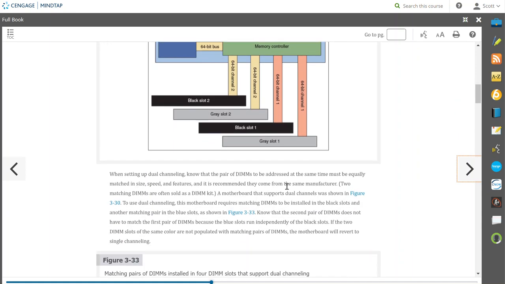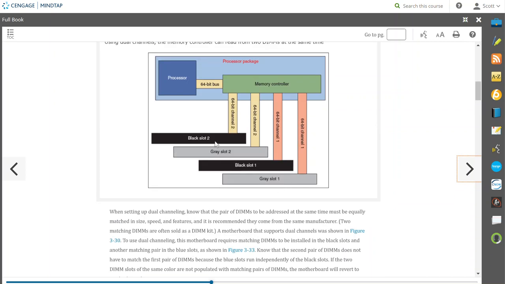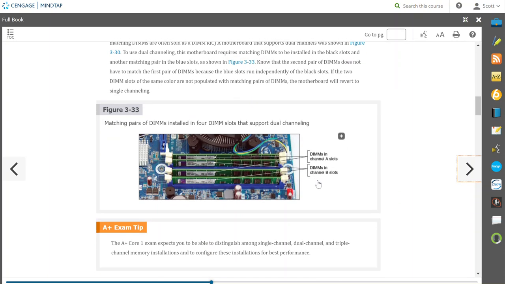All right. Now, do we want to install them black and black or black and gray, keep them on the same channel or separate channels? All right. We want to match pairs of DIMMs on supporting dual channels. So here's an example.